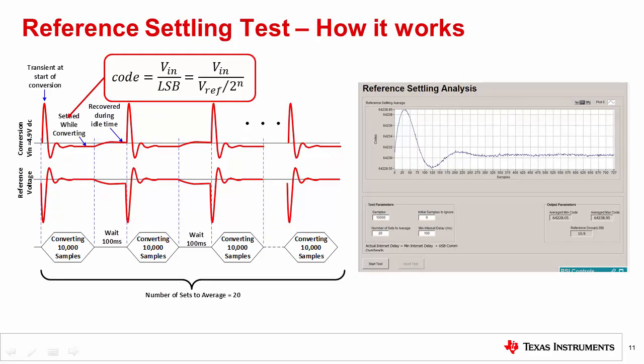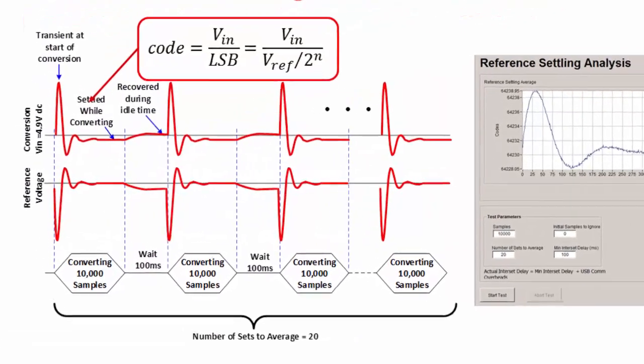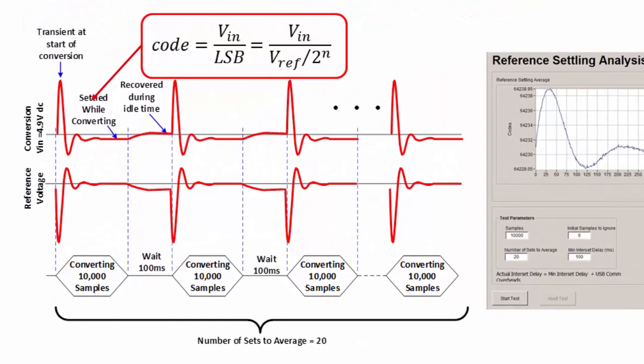Next, we are going to see how DC performance is impacted by the bandwidth of the reference. To do this, we will alternate between converting and having an idle wait time. For a data converter with a constant DC input, the reference voltage will go through a transient behavior when conversions start and eventually settle to a steady state value after many conversions.